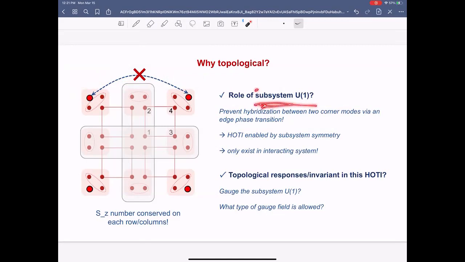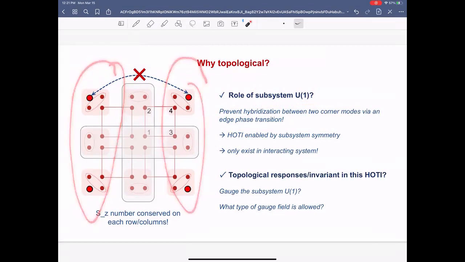In the presence of such a subsystem U1 symmetry, we will find the magnon charge, or the charge U1, at this corner and the charge U1 at this corner belong to different charge sectors, because the charge on this row and this row have to be conserved.